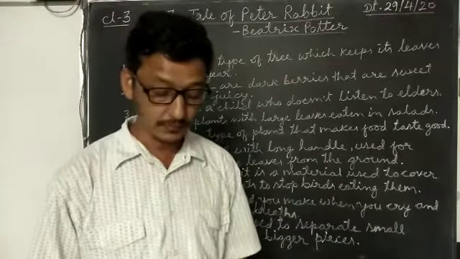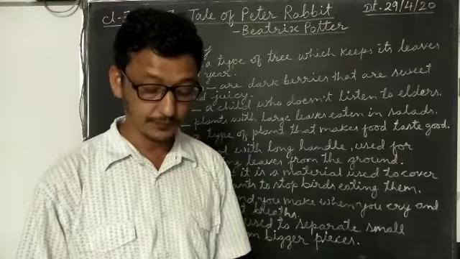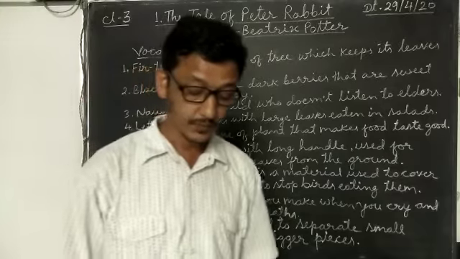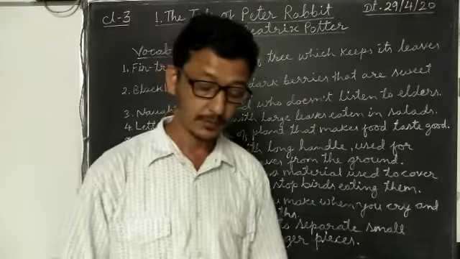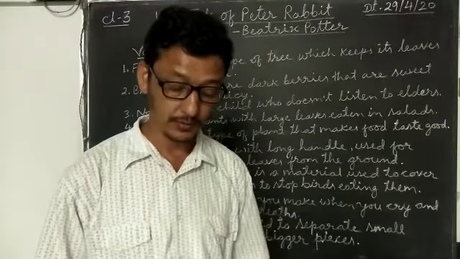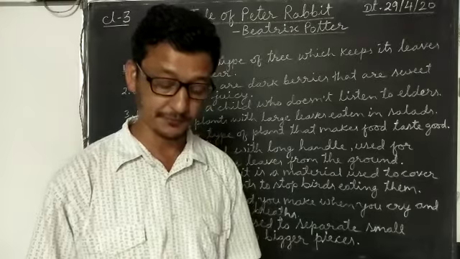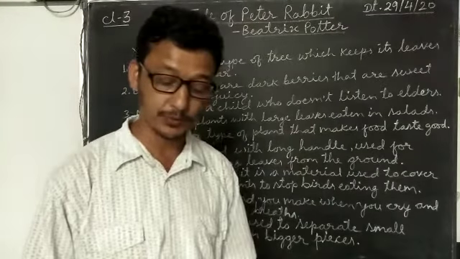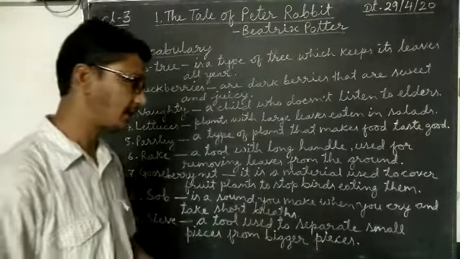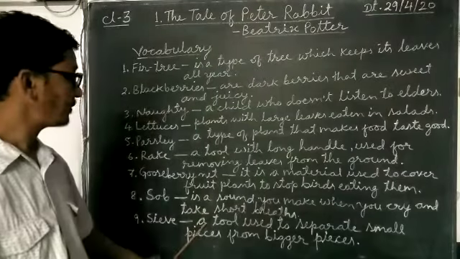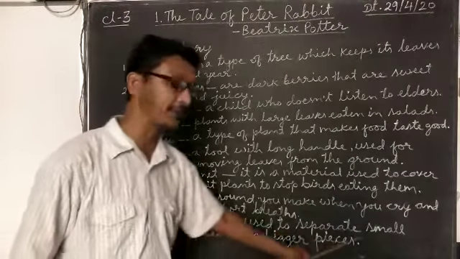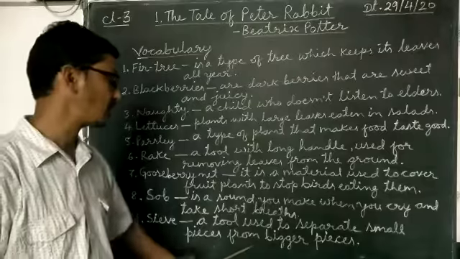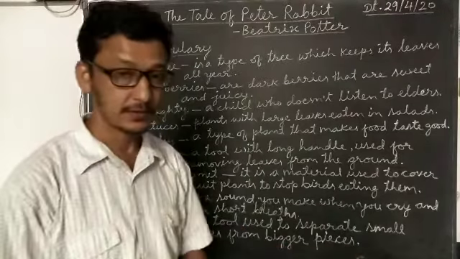Now suddenly, Mr. McGregor came up with a sieve. Now what is a sieve? Sieve is a tool used to separate small pieces from bigger pieces.